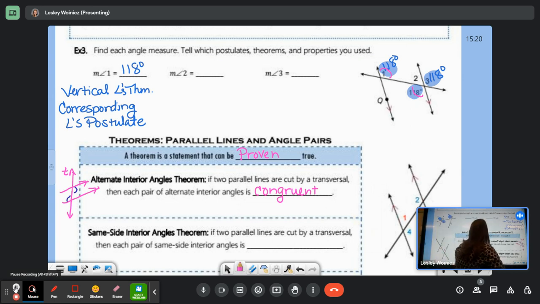Let's go back up to measure of angle 2. What is it? 62. How did you get that? Okay, so this one and this one are a linear pair. There is a theorem that says linear pairs are supplementary.